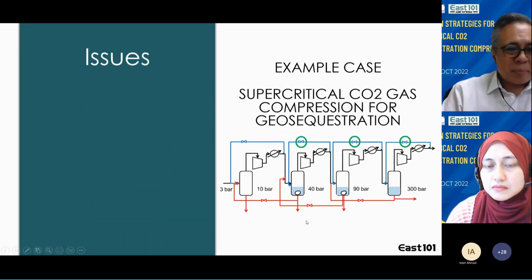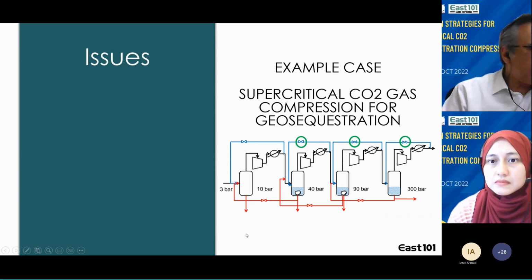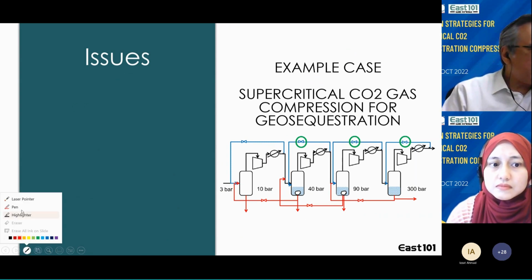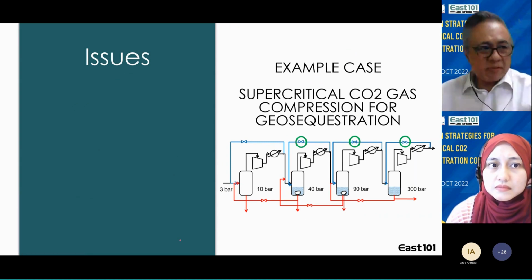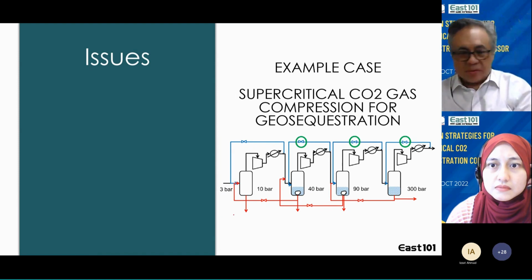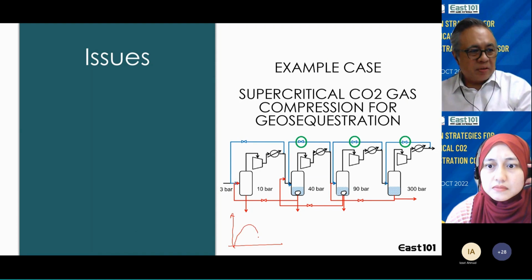What we normally practice here is we just increase the dense factor so that we increase the phase envelope, so that in the vapor phase we remove that dense region.